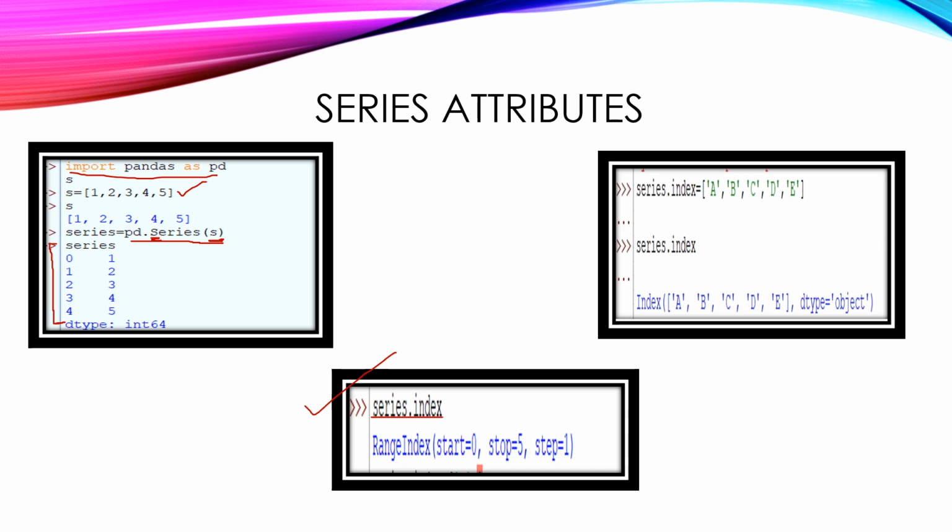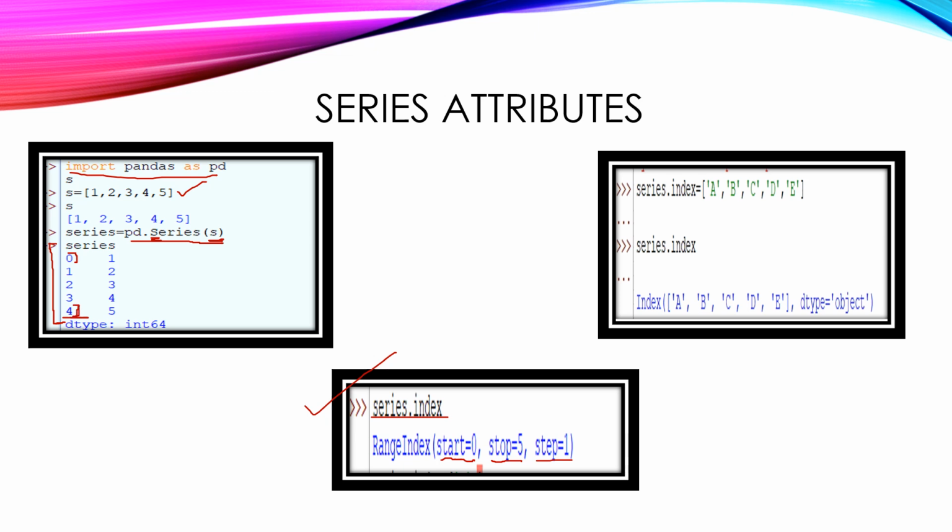In output it gives us the RangeIndex with start 0, stop 5 and step 1, which means that the series starts at the 0 value and ends at the fifth value. We always know that the range goes to n minus 1. That means if the range is till 5, it will go till 4.